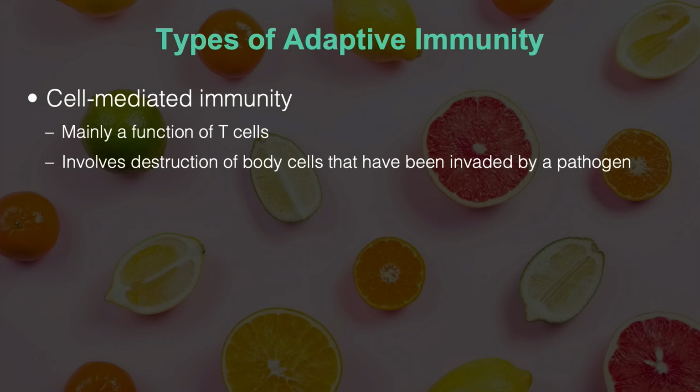This is the kind of response that is required when a cell in the body has been infected. If the immune system has to get into a cell or break up a cell, destroy cells, cell-mediated immunity is required. And cytotoxic T cells are the things that will do that job.